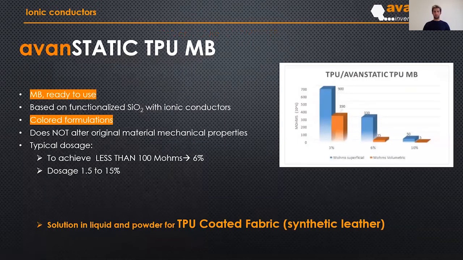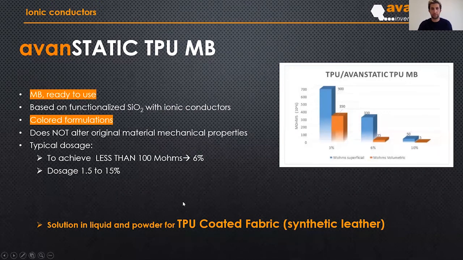One thermoplastic that works very, very well with this system is TPU. The polarity of TPU generates very good results with an ionic conductor. It's possible to get conductivities in the range of 10 to 6, 10 to 7 very easily, but of course it depends a lot on the formula.